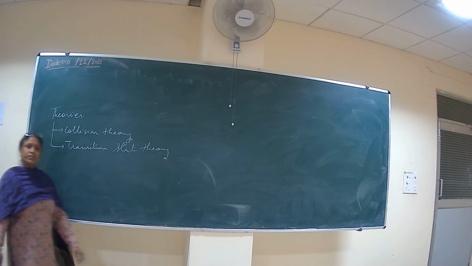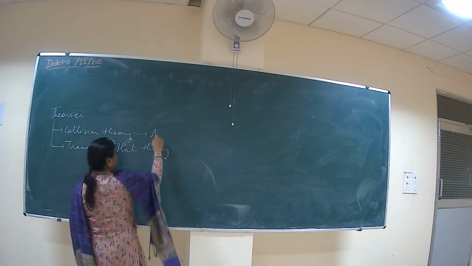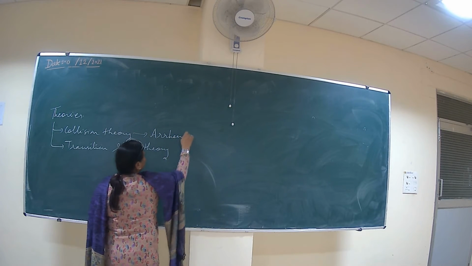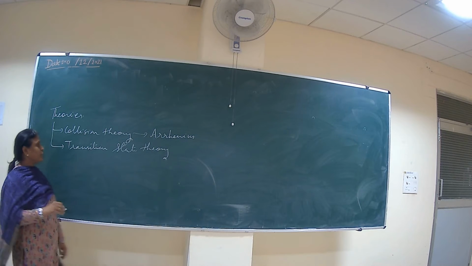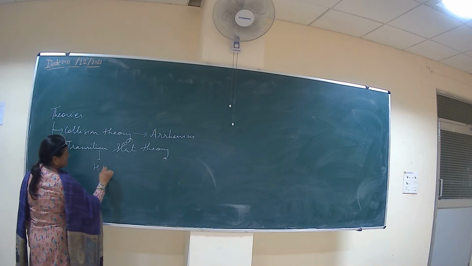Now this collision theory was given by Arrhenius, and this transition state theory was given by H. Eyring.